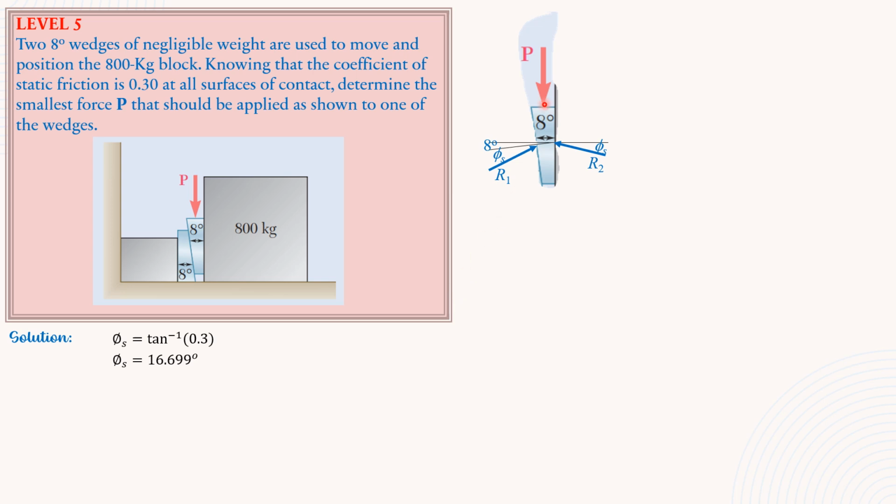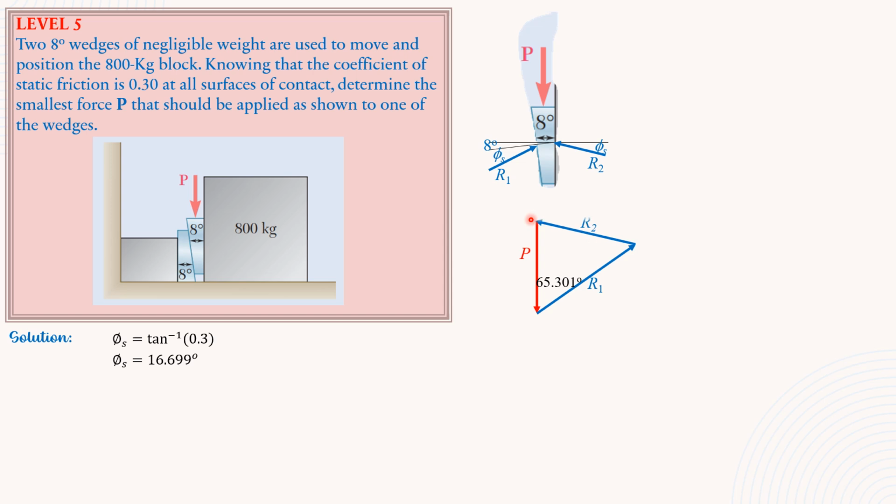So therefore, if we draw the force triangle, we have P downward, then R1 makes an angle of 8 degrees plus 16.699 degrees with the horizontal. So with the vertical, 90 degrees minus 8 degrees minus 16.699 degrees, that would be 65.301 degrees.